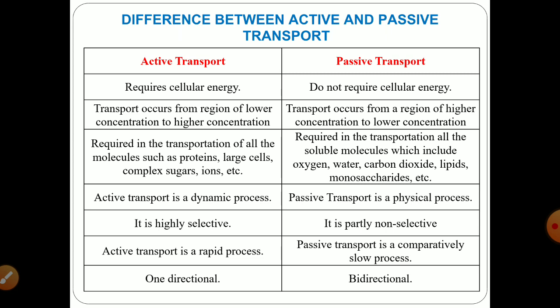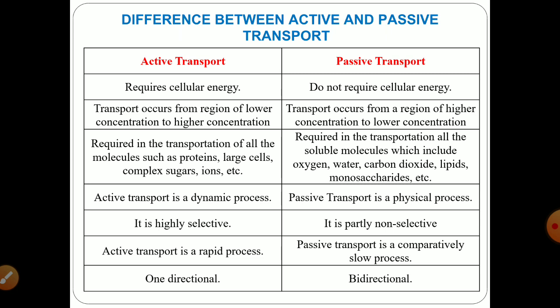For molecules such as proteins, large cells, complex sugars, and ions, you will require the active transport system. Whereas for soluble molecules like oxygen, water, carbon dioxide, lipids, and monosaccharides, you can continue diffusion by the mechanism of passive transport.